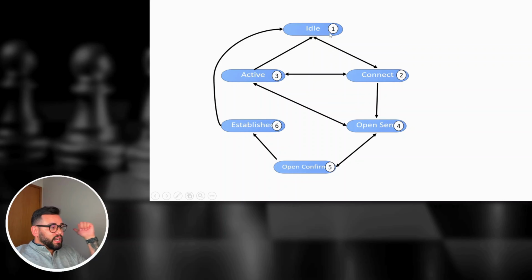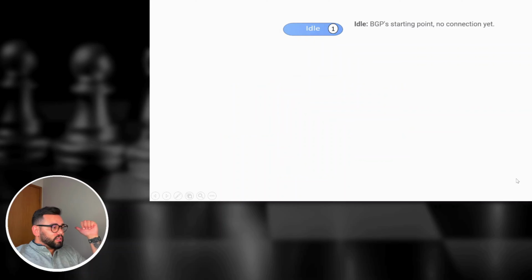The number one is idle. It's the state where the router is trying to identify if some event was registered or if something happened, to start or move to the next state.